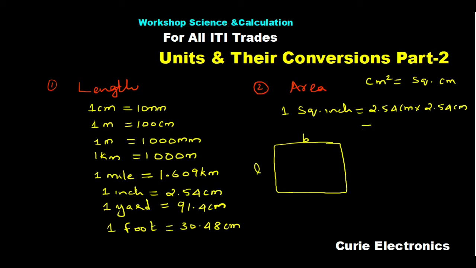You need not memorize the square inch; from the basics, you can derive it. This value comes to 6.4516 centimeter square, or 6.4516 square centimeter. Both are the same.